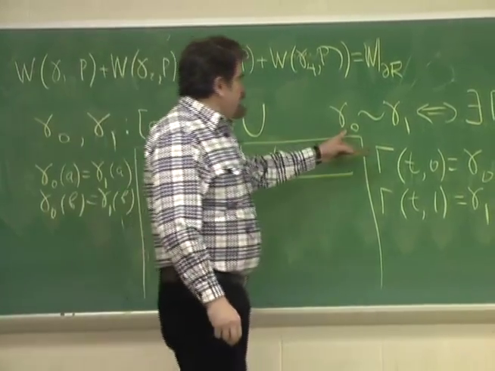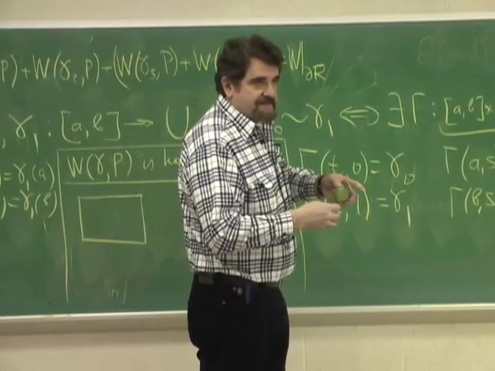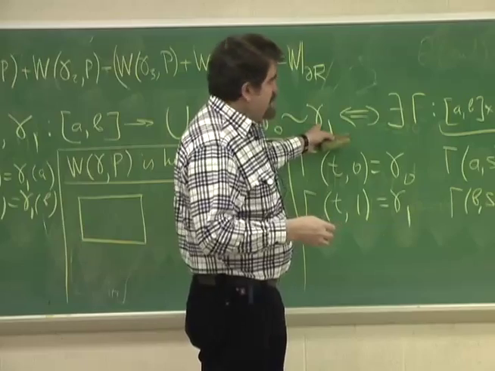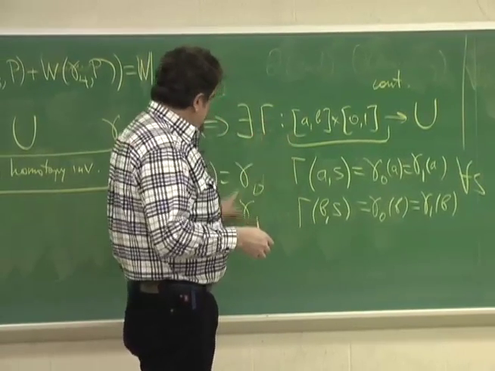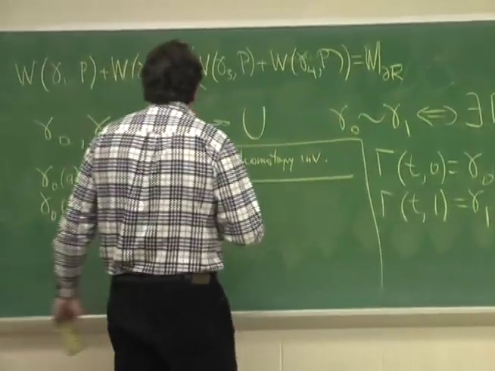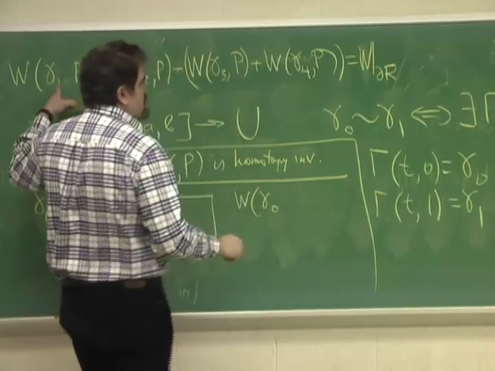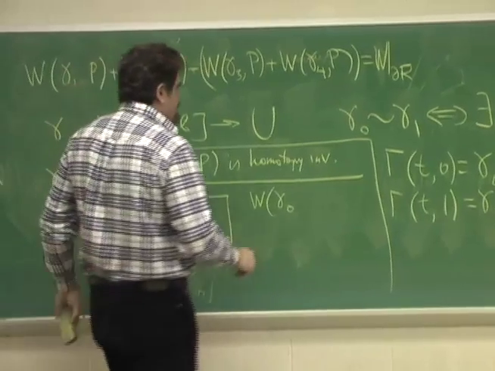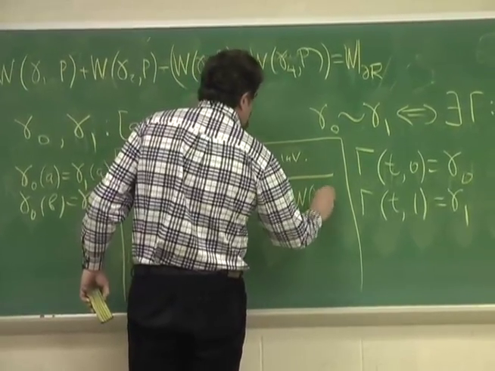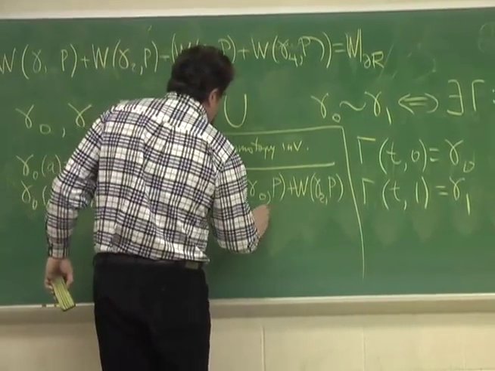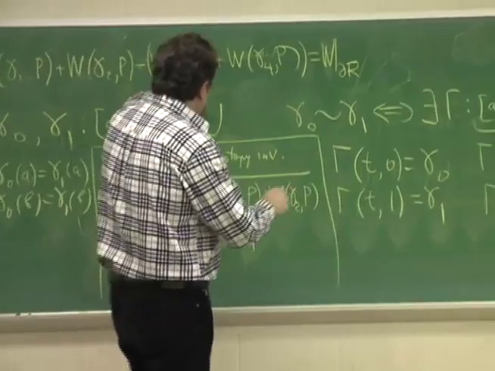Imagine that gamma 0 and gamma 1 are homotopically equivalent. That means I have the mapping gamma. Correct? Then I know that the winding number of gamma 0, what was called gamma 1, is now gamma 0, plus omega of gamma 2 equals omega of gamma 1, what was gamma 3.